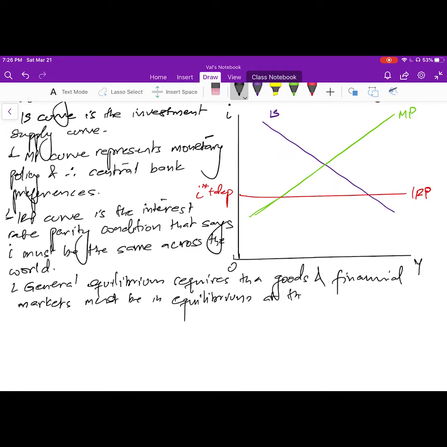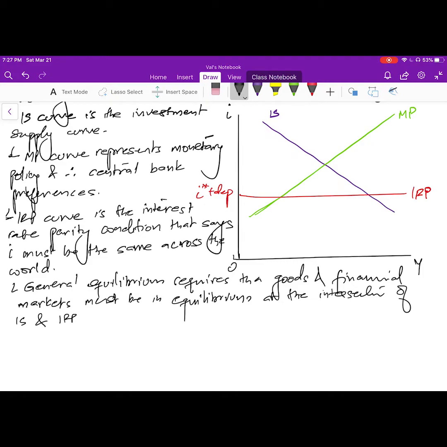At the intersection of IS and IRP. Remember, the monetary policy curve is exogenous. It essentially identifies central bank preferences. When you think about the concept of equilibrium, really the MP curve changes, or you move up and down along the MP curve to bring an economy back to equilibrium, right?